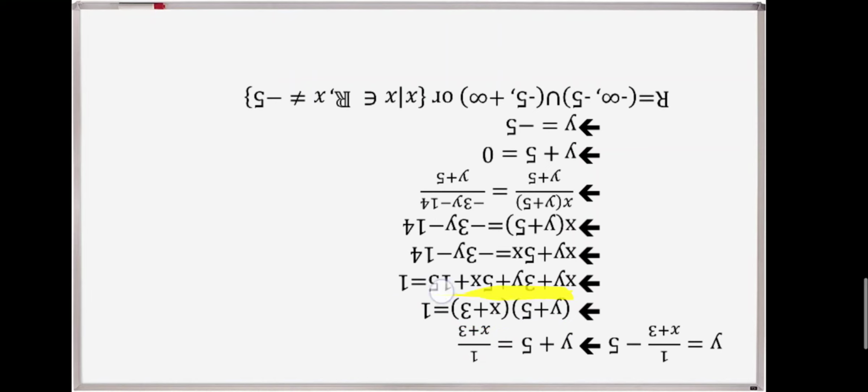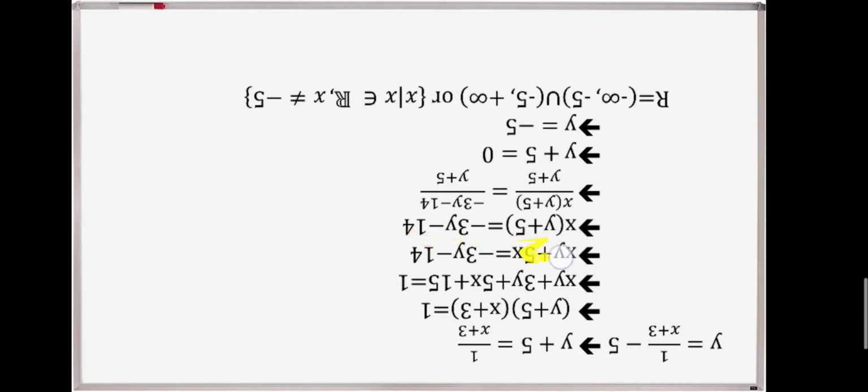Let's simplify this. We have y times x is xy, y times 3 is 3y, 5 times x is 5x, 5 times 3 is 15, is equal to 1. Since our goal here is to solve for x, we have to isolate the x variables on the left side, then move the others to the right side.